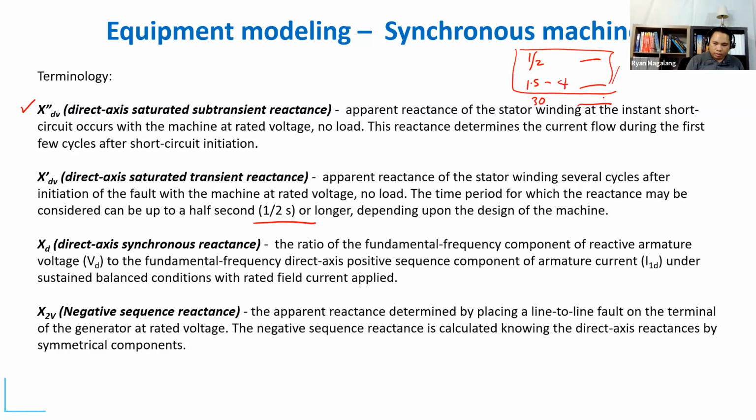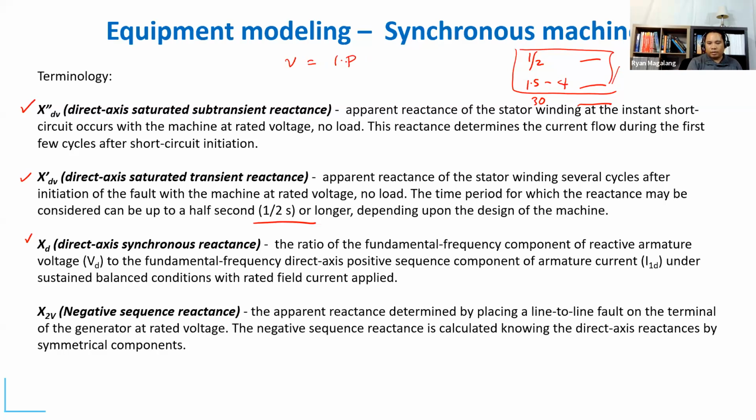So in order to account for that time varying contribution, what the industry has adopted is to use time varying reactance here. Because during short circuit analysis, we assume the voltage to be 1 per unit, right?